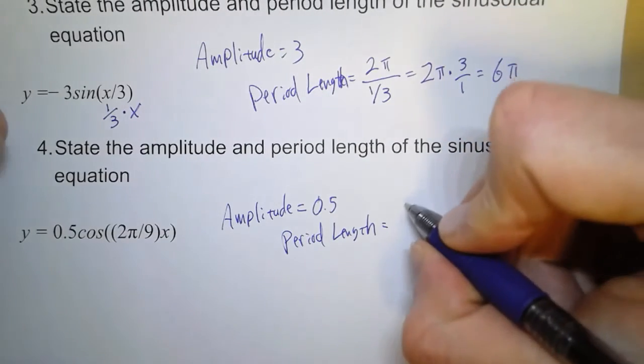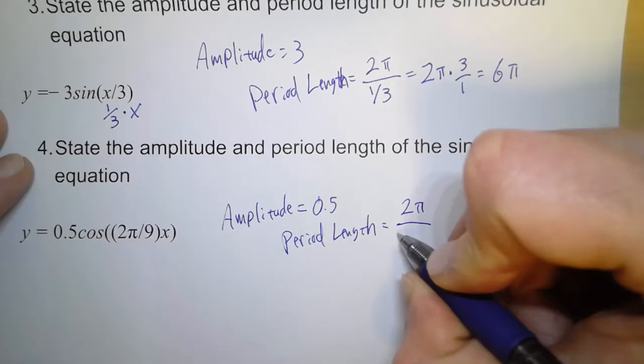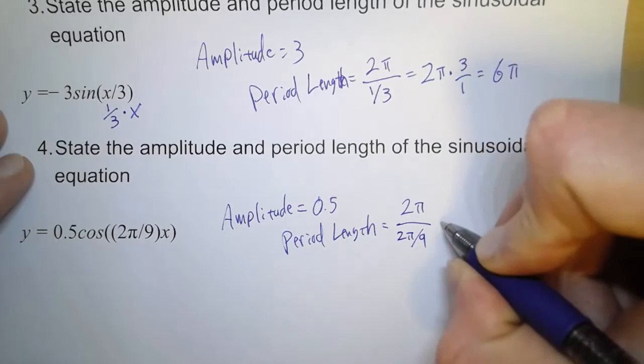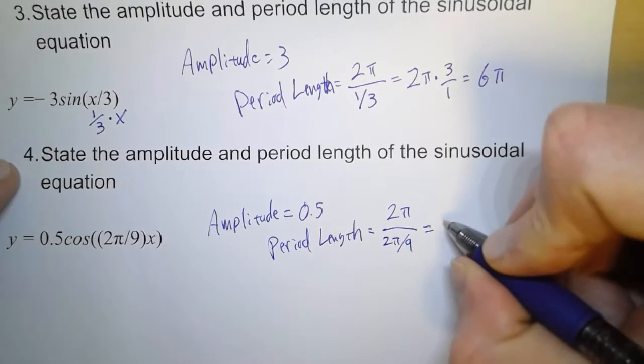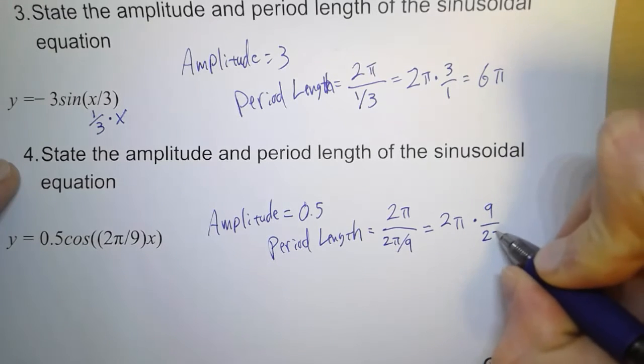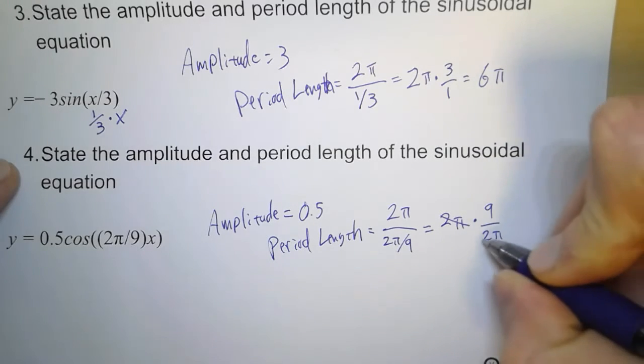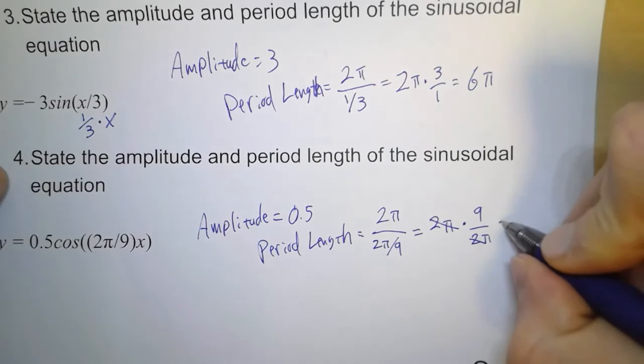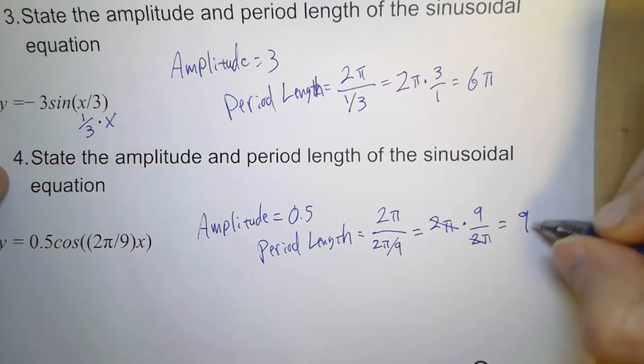So I can take 2 pi and divide by 2 pi over 9. And again, we're going to multiply by the reciprocal, so that's 2 pi times 9 over 2 pi. And what ends up happening is the 2 pi's end up canceling out. So our period length is 9.